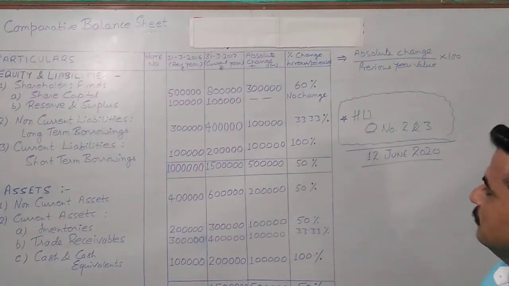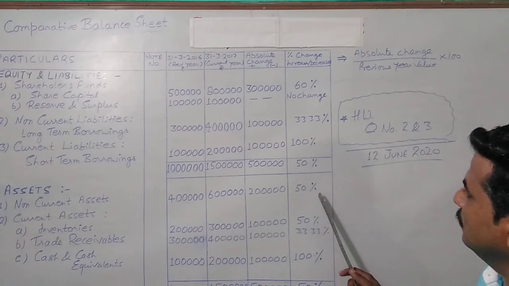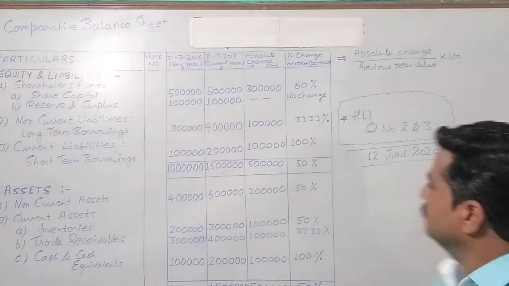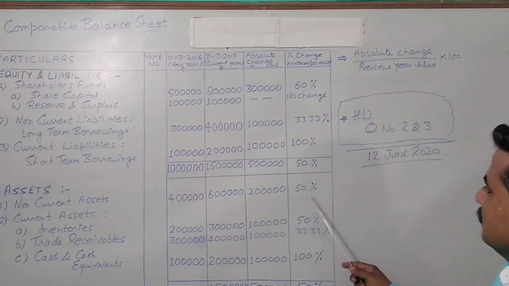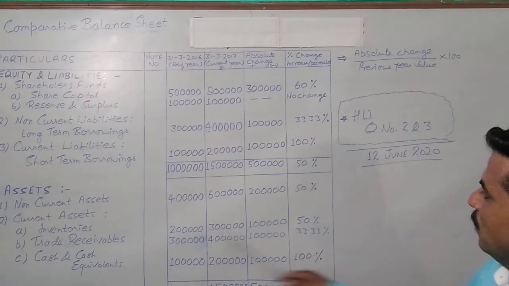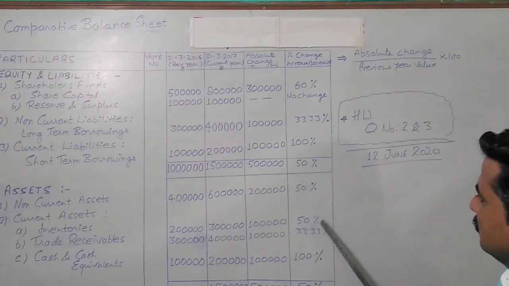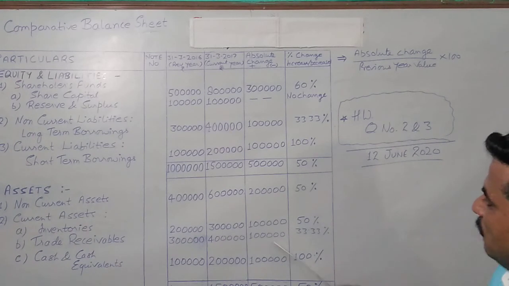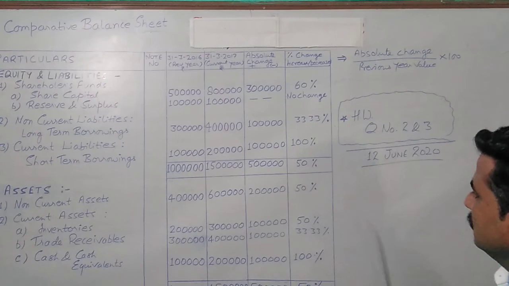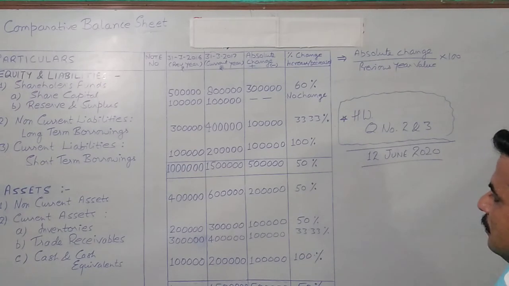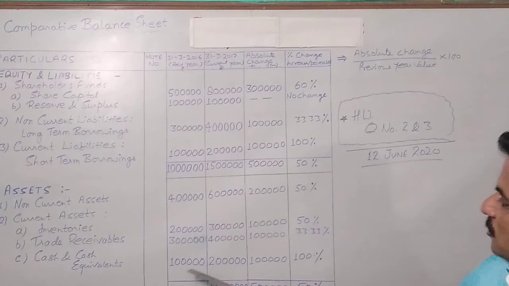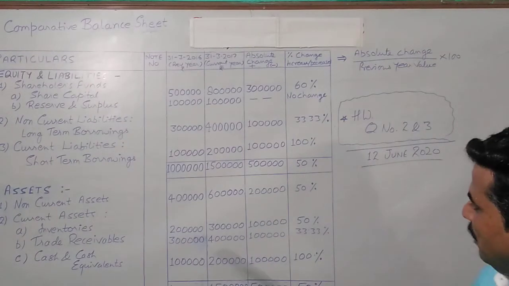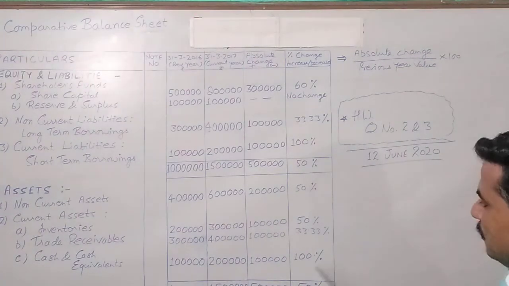And now we get the percentages for assets. For non-current assets, 2 lakh divided by 4 lakh into 100 becomes 50%. For inventories, 1 lakh divided by 2 lakh into 100 becomes 50%. For trade receivables, 1 lakh divided by 3 lakh into 100 becomes 33.33%. For cash equivalents, there is an increase of rupees 1 lakh and the previous year value is rupees 1 lakh, so 1 lakh divided by 1 lakh becomes 100%.